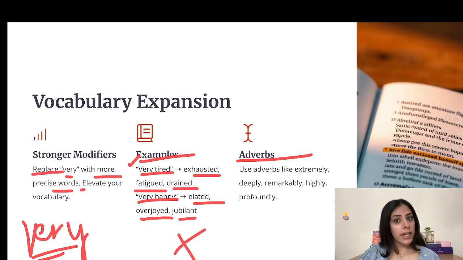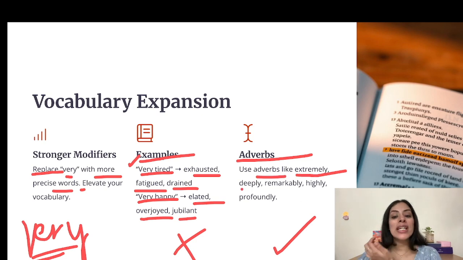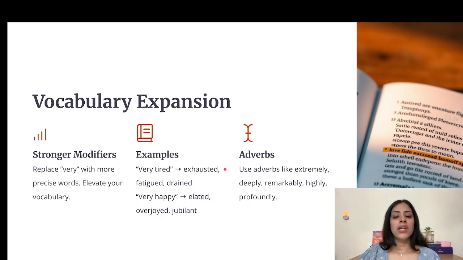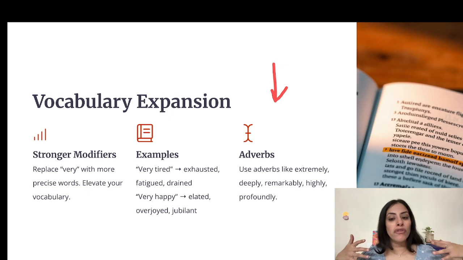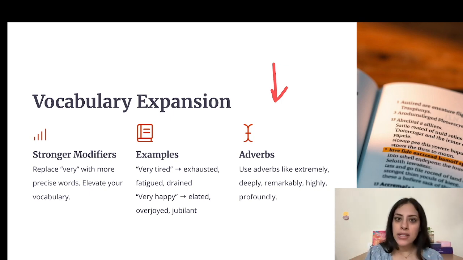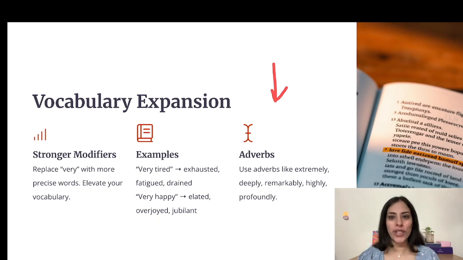If this looks difficult, I have a shortcut as always. You can use adverbs like extremely, deeply, remarkably, highly, profoundly. Now, what you have to do, you just have to replace very with these adverbs. If you're going to say the dress is very beautiful, just pick one of the adverbs that works best with that example and you're golden.